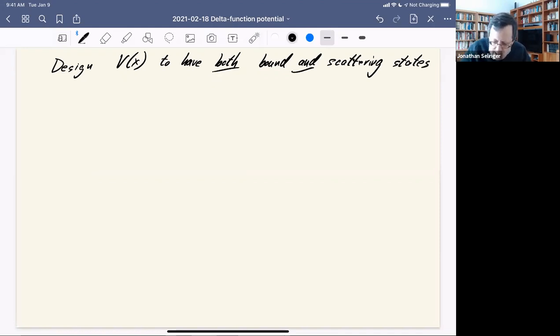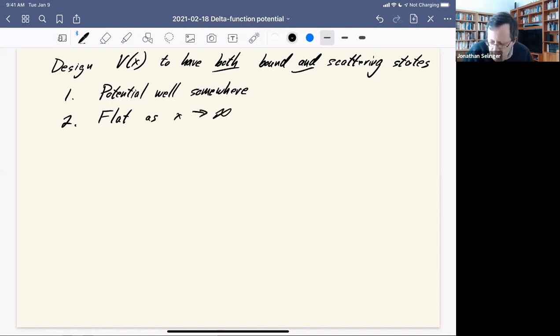One necessary feature is it needs a potential well somewhere. And the other feature is it has to become flat as X goes to infinity.